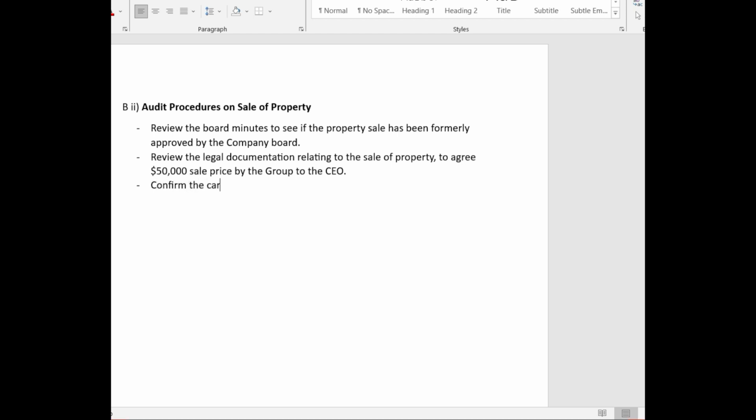Confirm the carrying amount of the property to the underlying accounting records and the non-current assets register, right? And at the date of disposal. See, we drafted another point.